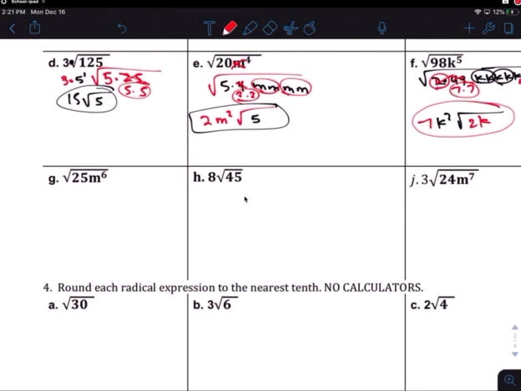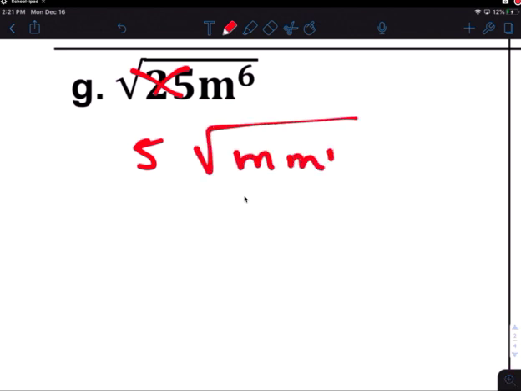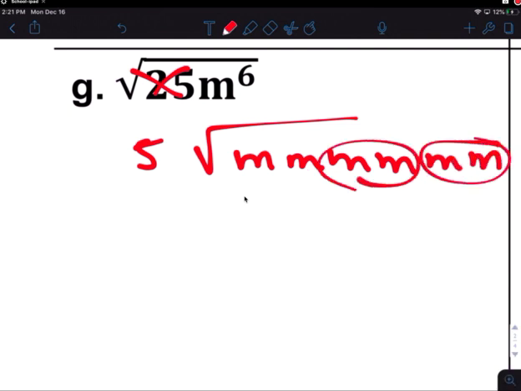Okay, so on 20G, square root of 25 is 5. You don't have to do factors. And you got 6 m's. 1, 2, 3.